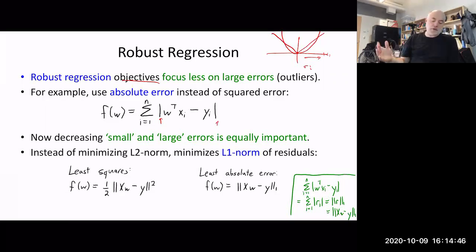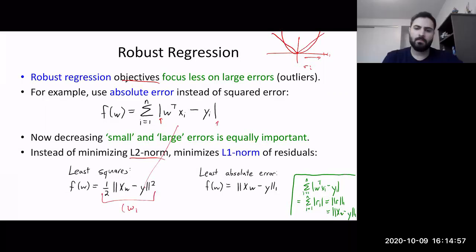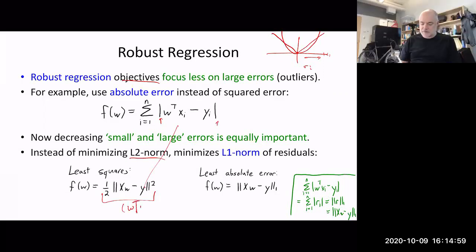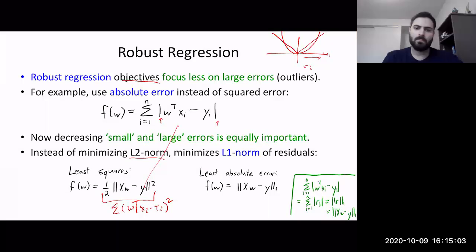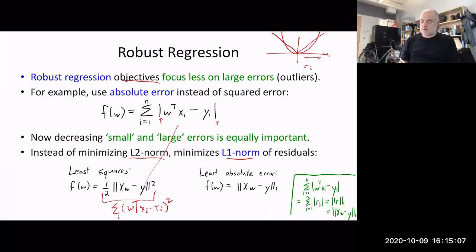Fine. So what if we use the absolute error? Seems like a reasonable idea. Instead of minimizing the L2 norm, which corresponds to the sum over i of (w transpose x_i minus y_i) squared, what if we minimize the L1 norm of the residuals?